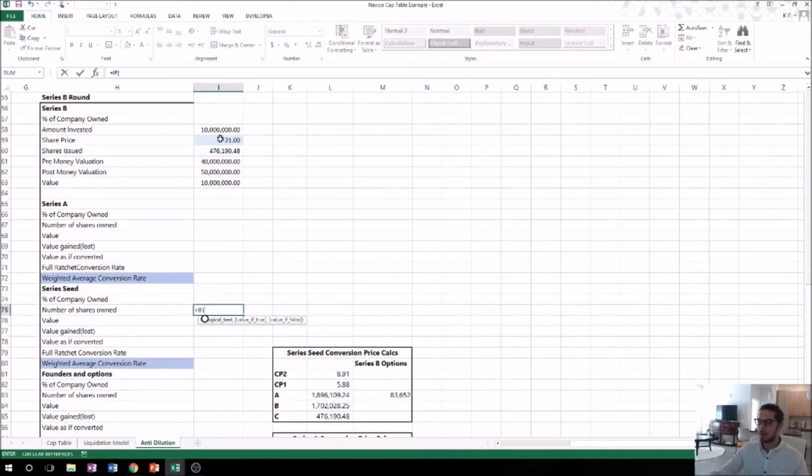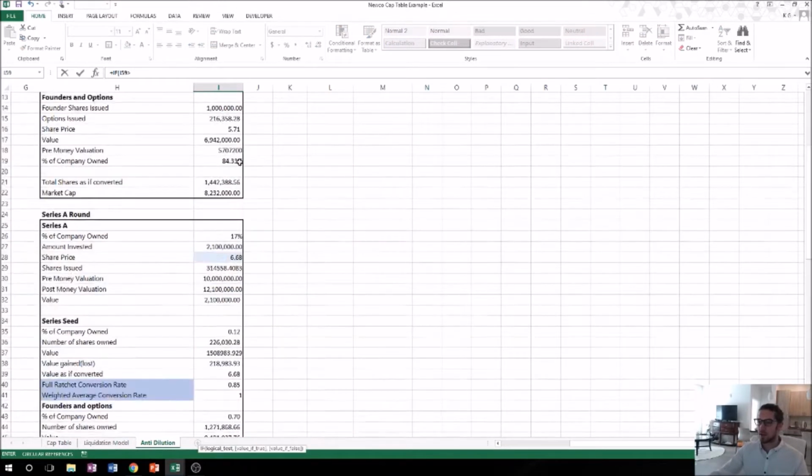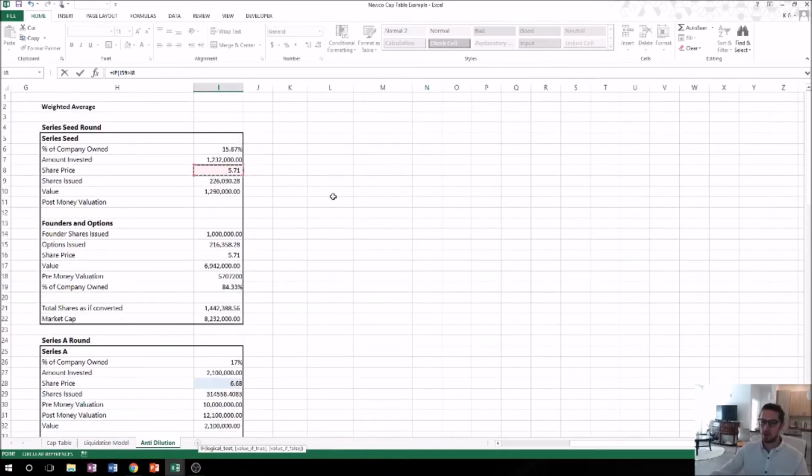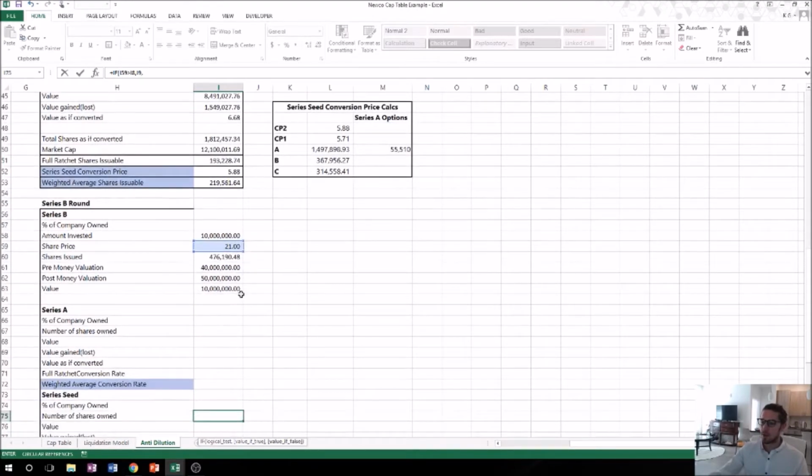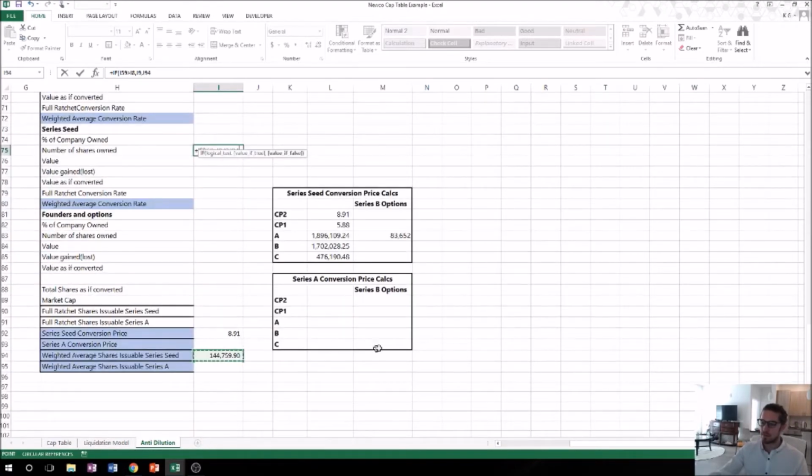So what we do, once again, is we say if the share price in the Series B round is greater than the share price when they were issued, then just give us the shares that we got originally. Otherwise, give us the weighted average conversion shares. Right there. Pretty simple.